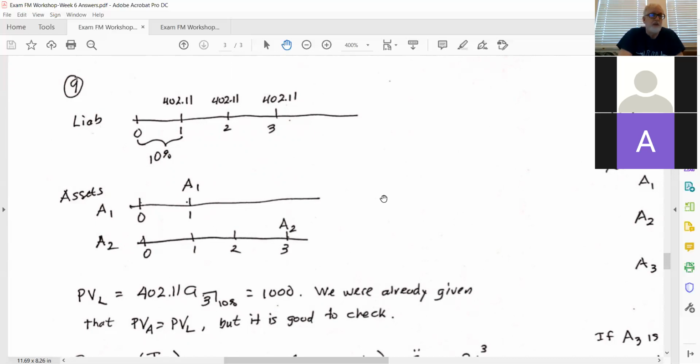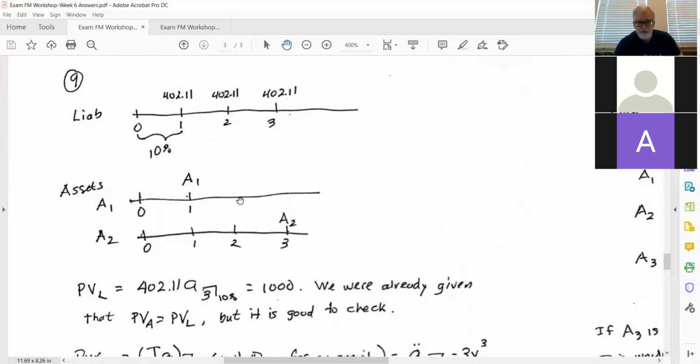So the present value of the assets is going to be $1,000. The only investments available are a 1-year zero coupon bond and a 3-year zero coupon bond. And the yield curve is flat 10%. The company wishes to match the duration of assets and the duration of its liabilities.